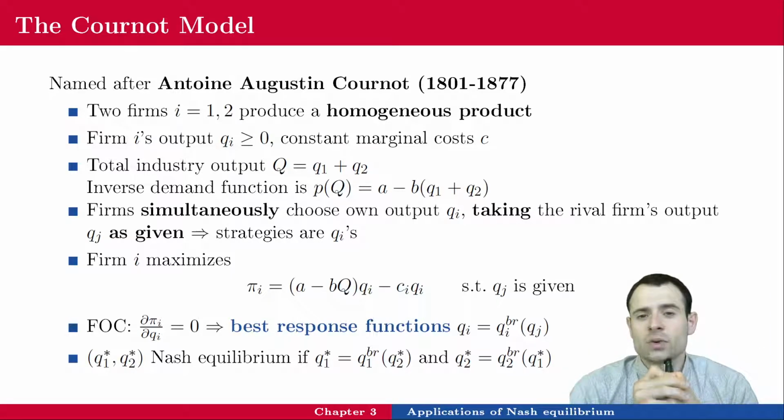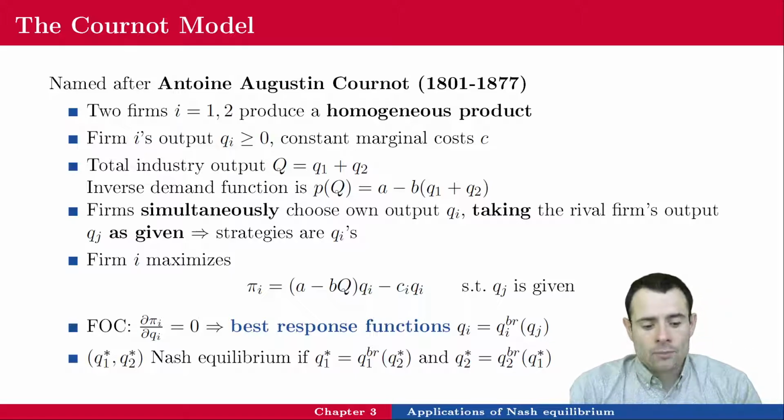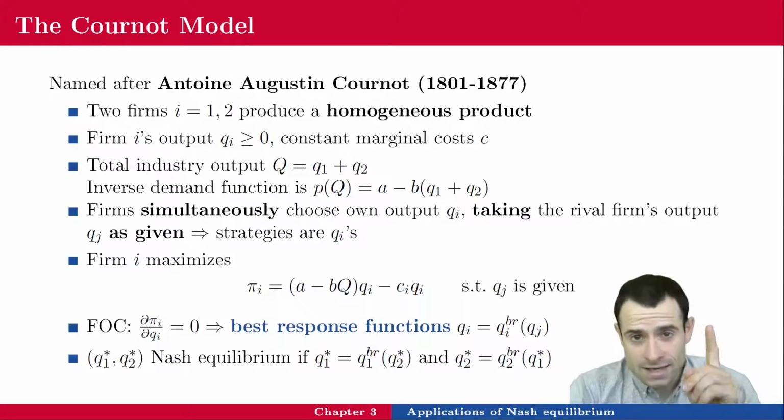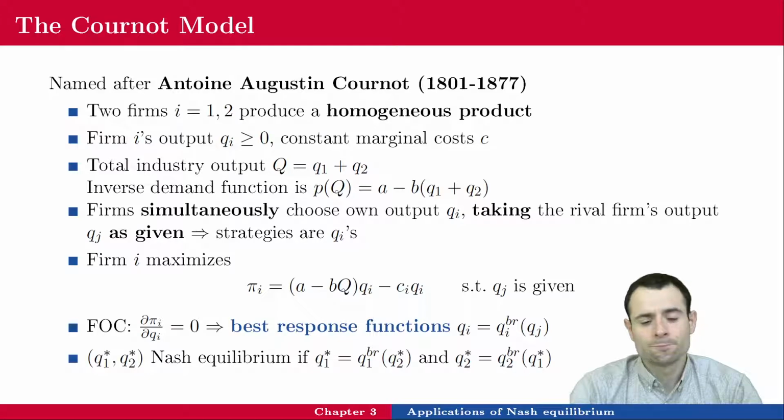This is where the Nash equilibrium will be at. So, I'm going to call it q1 star, q2 star, will be the Nash equilibrium if q1 star is the best response to q2 star, and at the same time, q2 star is the best response to q1 star. Okay?